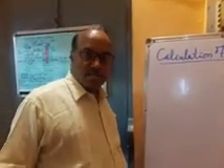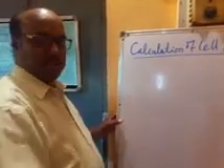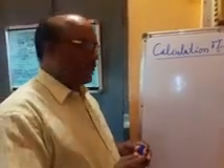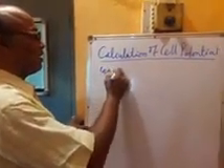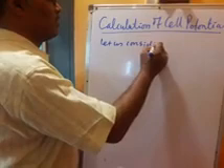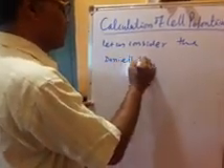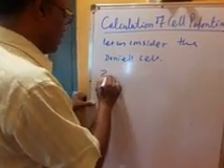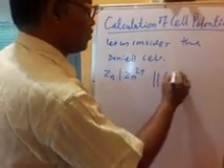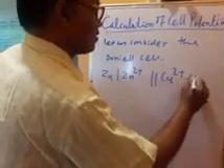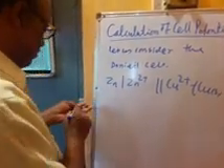In this third section, third class, we'll discuss how to determine the cell potential. Cell potential can be determined in this class. To determine cell potential, let us consider the Daniell cell, Zn | Zn2+ || Cu2+ | Cu.